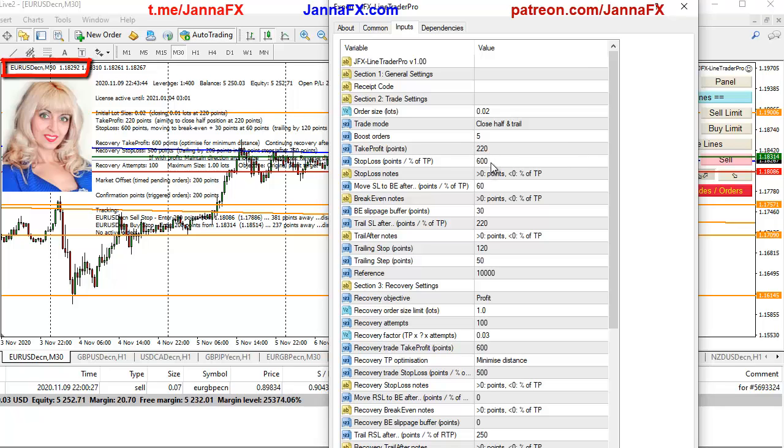Stop loss is still about 60 pips or 600 points. I have moved stop loss to break even. I think I'm going to have around 10 pips, which is 100 points. And I'm placing the trailing stops, you see here. And that's pretty much it. And of course I have a recovery system on in here. So at this moment I'm just going to leave it like that.